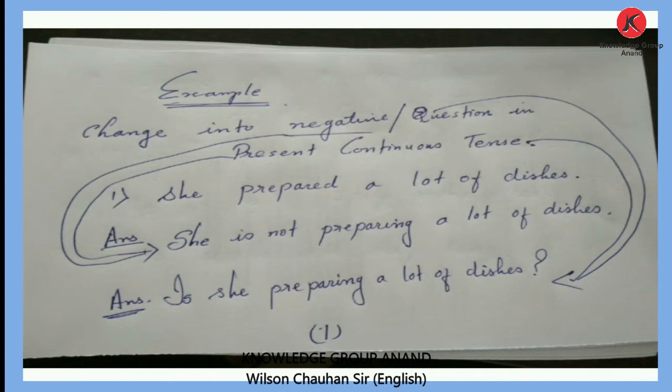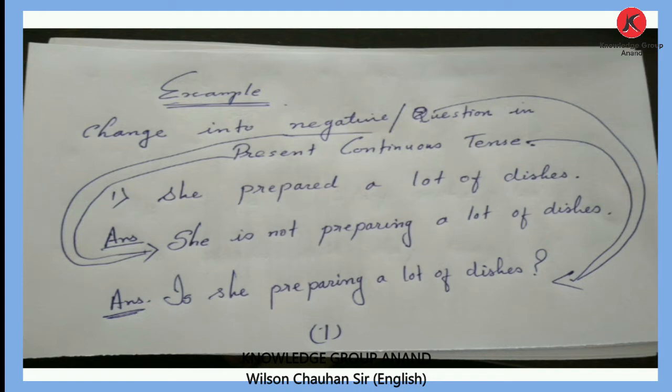Now take for example, you are watching this particular slide. Change into negative or question in present continuous tense. First of all, dear friends, you need to have in front of you the present continuous tense. When you open your book and see the formation of present continuous tense, you will come to know that there is a subject.